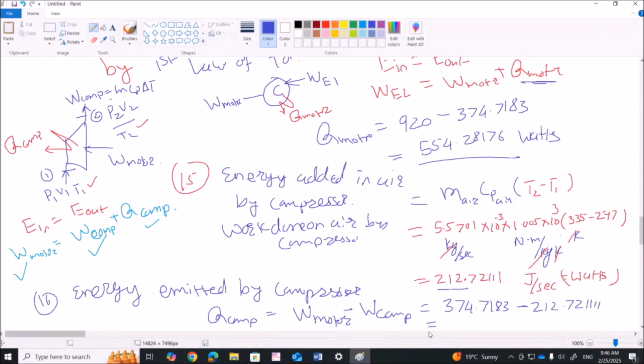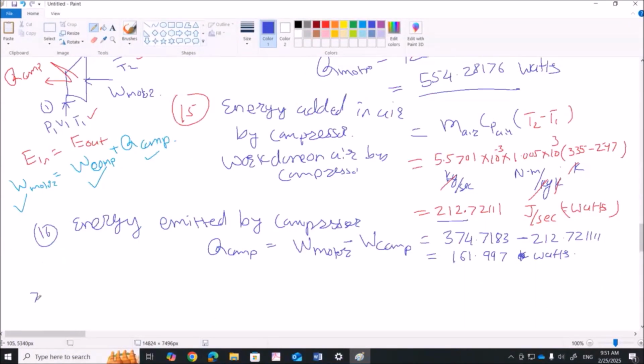So I will get this answer. Energy emitted by compressor is 161.997 watts.